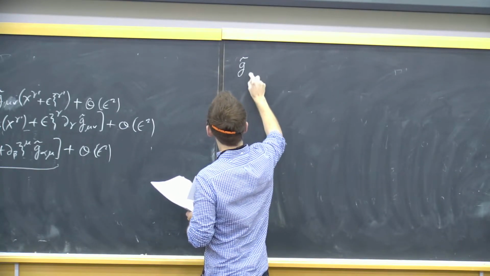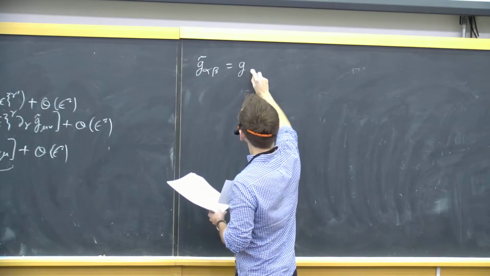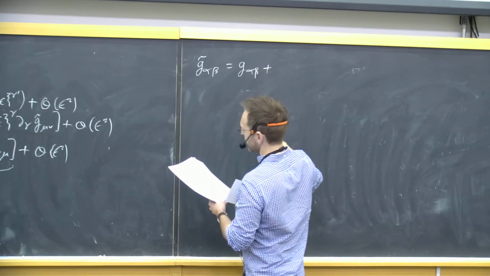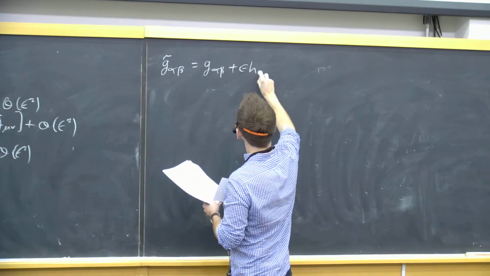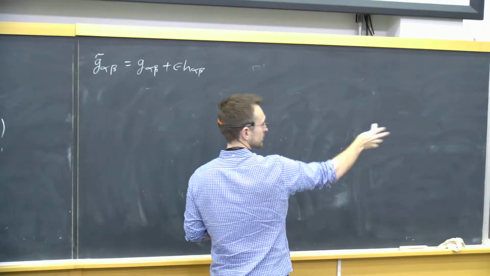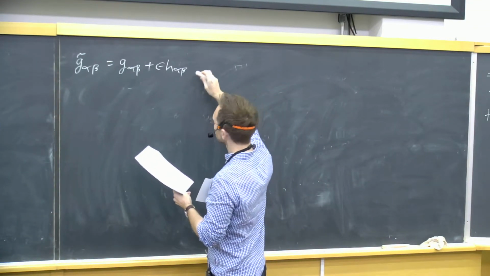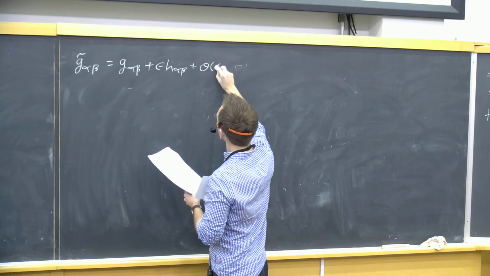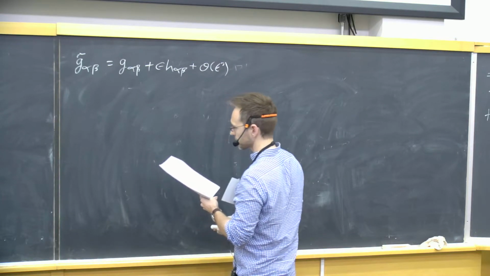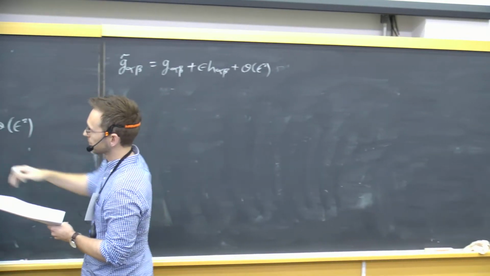So we have g tilde alpha beta is equal to the background plus epsilon h alpha beta. So here I'm just writing h1 as h plus order epsilon squared terms. So let's substitute this into that expression.